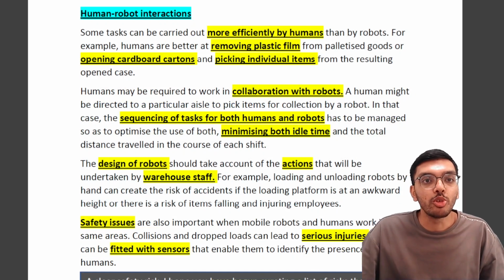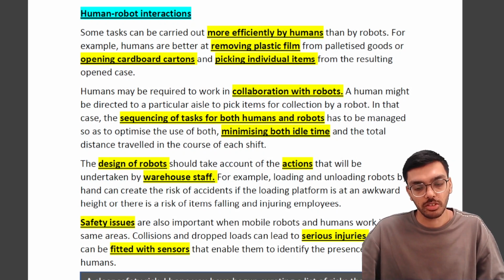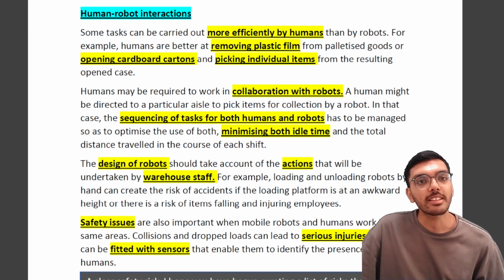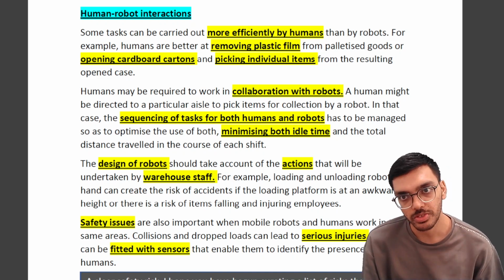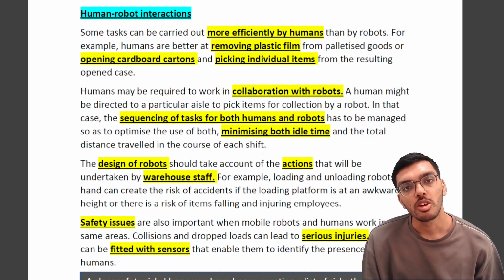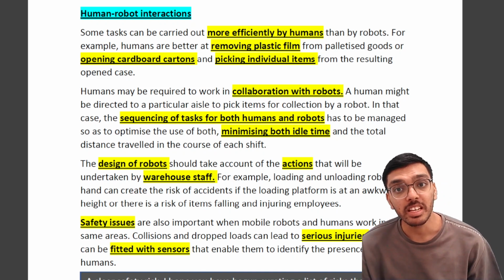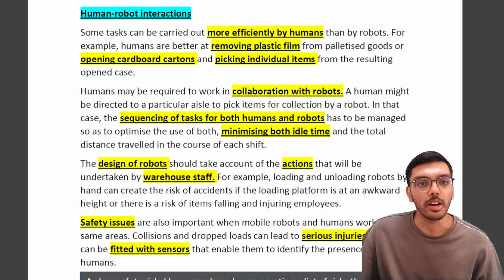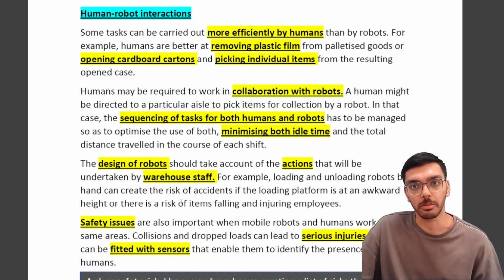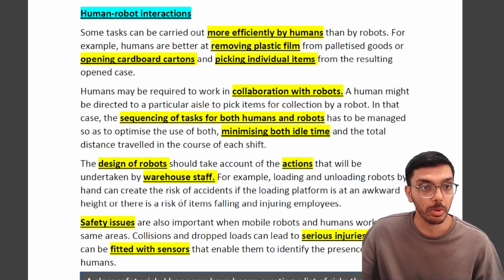Next, we are going to human robot interactions. So some tasks can be carried out more efficiently by humans than by robots. For example, humans are better at removing plastic film from palletized goods or opening cardboard cartons and picking individual items from the resulting opened case.